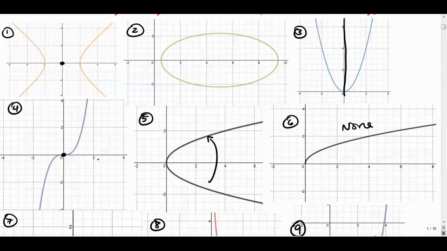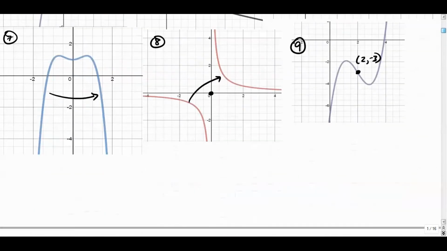And if you were to rotate this thing 180, you would see that it has origin symmetry as well. So this has all three symmetries. A hyperbola does that. That has the center point there at the origin. Cool. So those are some examples.